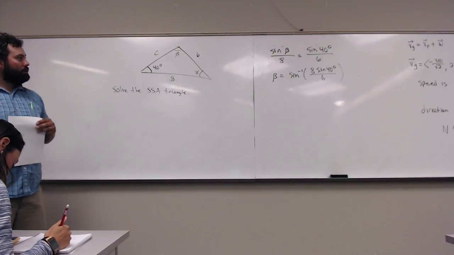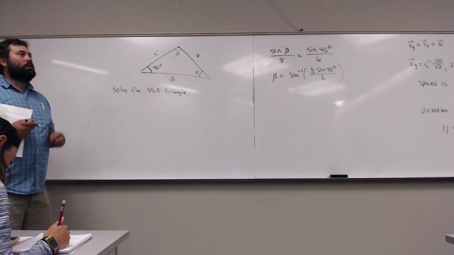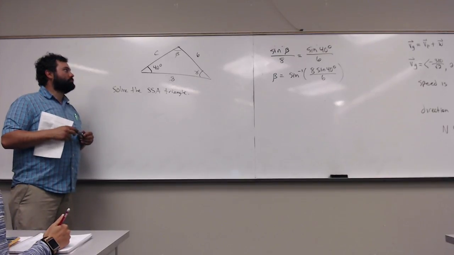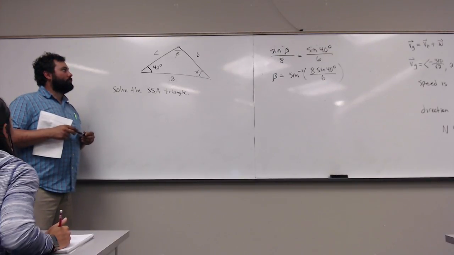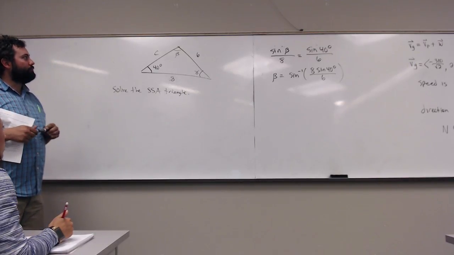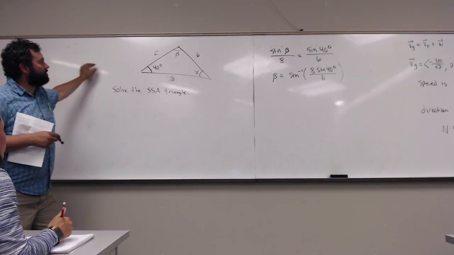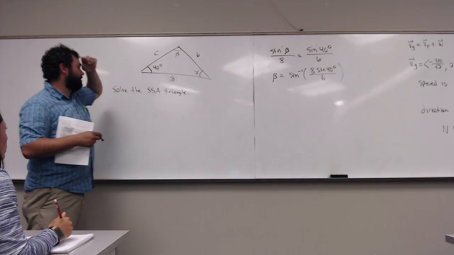So, not an issue because beta is the largest angle. Using sine, yeah, there might be an issue here with trying to use beta. I guess I set it up in such a way that I made that the largest angle, unless c actually ends up being the longest side.